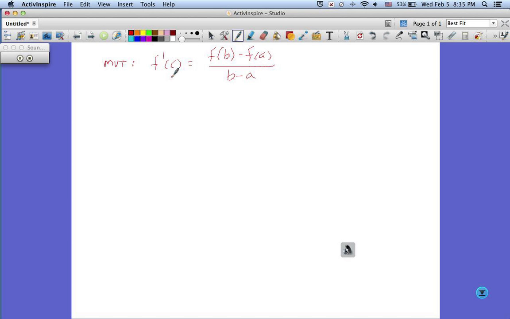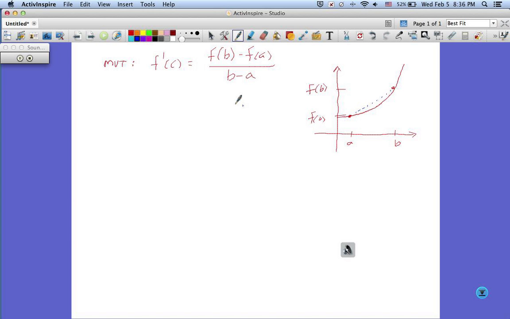Take the derivative of the function that those points were on, and you get the derivative, in other words, the slope of the tangent line. So for example here, if I have 2 points A and B on some curve, this would be f of A, and this would be f of B. The slope of the line connecting those 2 points would be the change in y over the change in x, f of b minus f of a, all over b minus a.